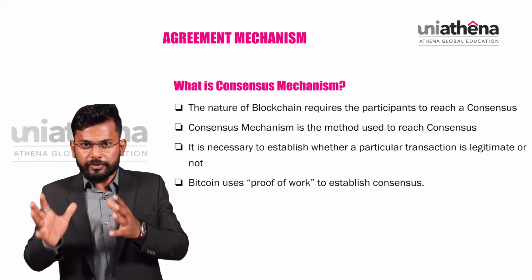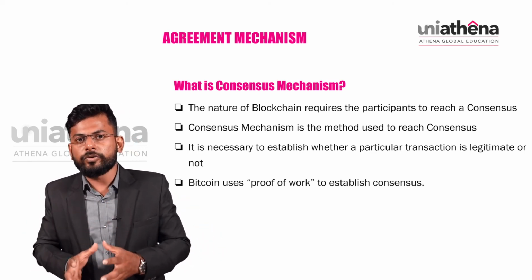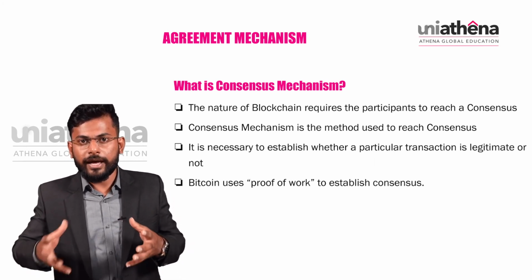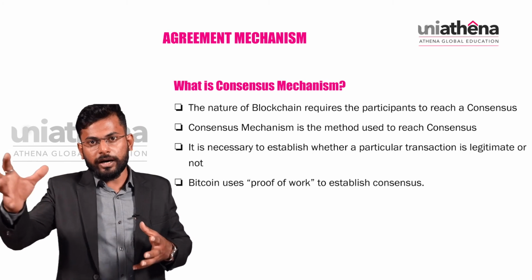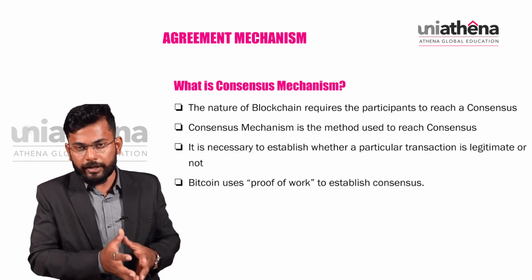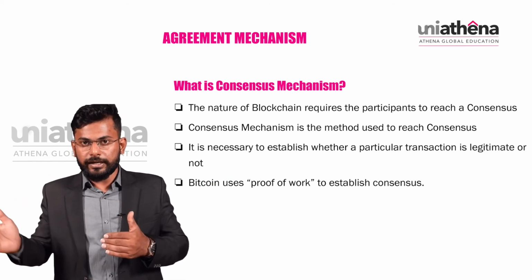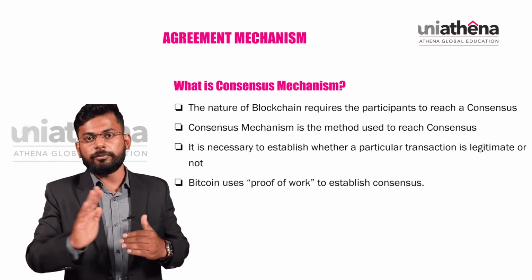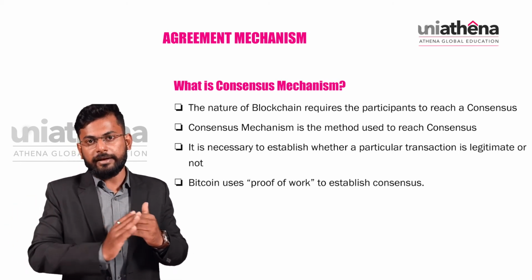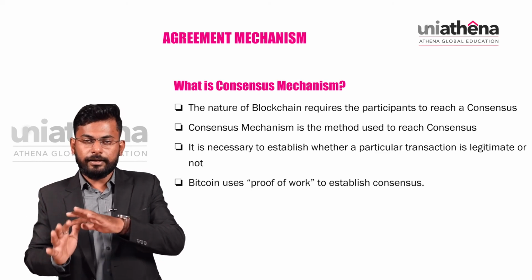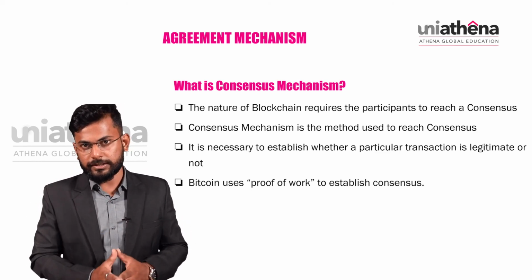Once you do the validation, you add it to your own ledger as well. So if it is a valid block, everyone will start adding that block after validation to their own ledger before propagating it to the adjoining participants. So on and so forth, the entire network receives that block, and in some time everyone will have the same copy of the block, meaning everyone will have the same copy of the ledger. That's how the entire network is pushed towards consensus.